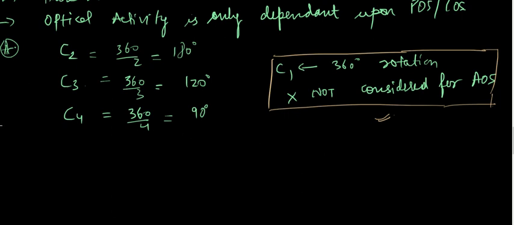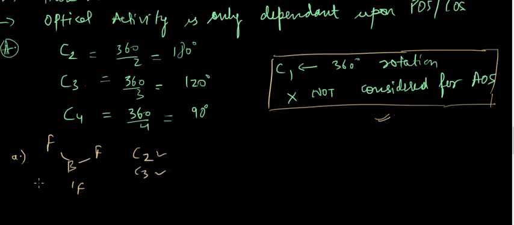Okay, let us take some examples now to get more clarity on what we mean by this axis of symmetry. So you draw the structure of BF3. You know the compound is sp2 hybridized, so it would have C2 axis of symmetry and C3 axis of symmetry. Why?